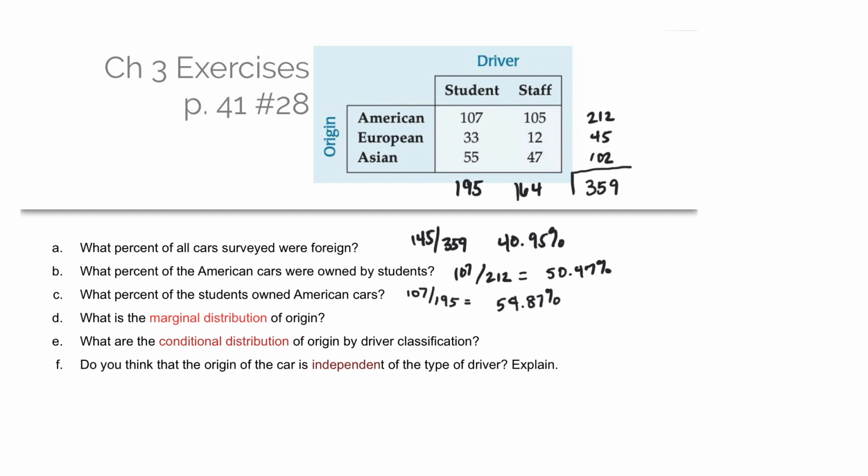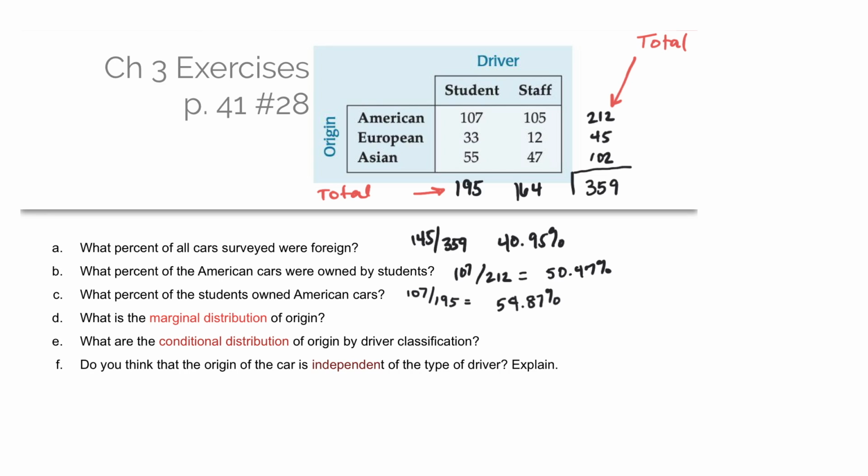Okay, vocab. What is the marginal distribution of origin? Earlier I mentioned that the totals we did, these are our total values, but they also occur in the margins of my table. And so we would consider these the marginal values.